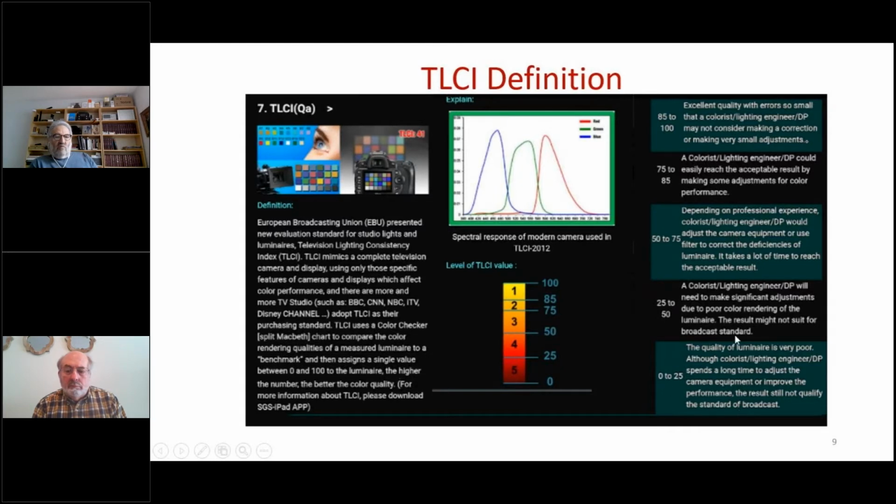If you are in this region, then it's hopeless. It's really bad lighting for the camera. So it considers the spectral performance of different wavelengths based on what is seen by the camera, not by the eye. So that's the TLCI.